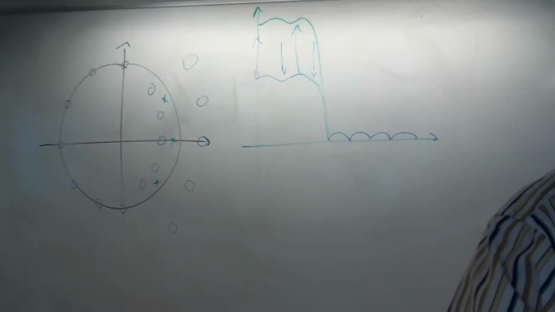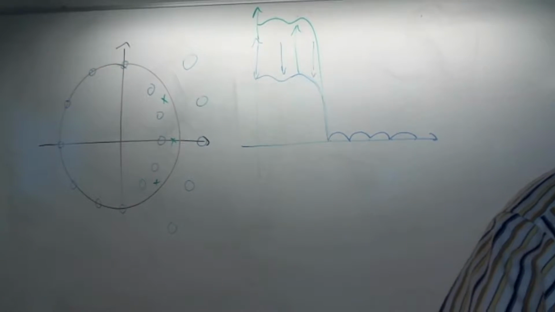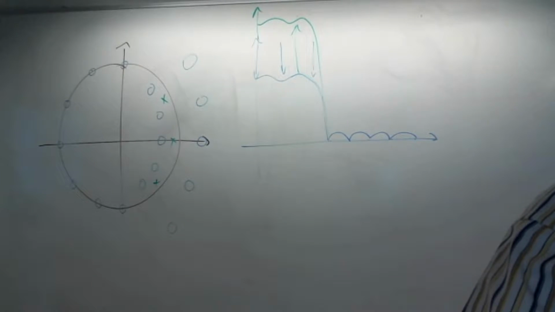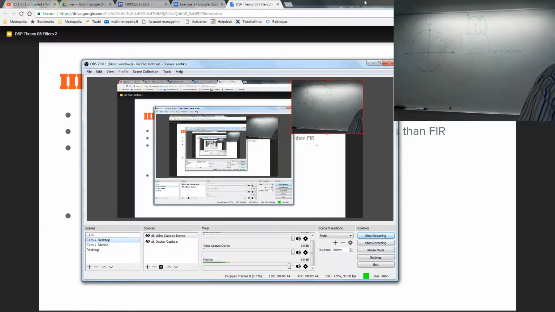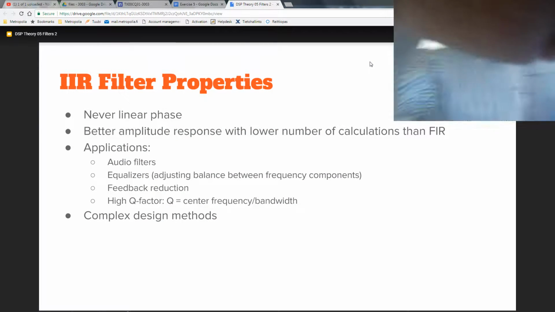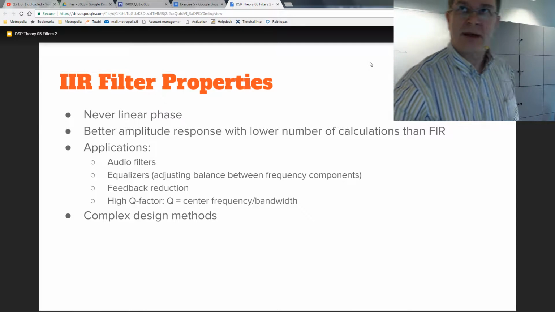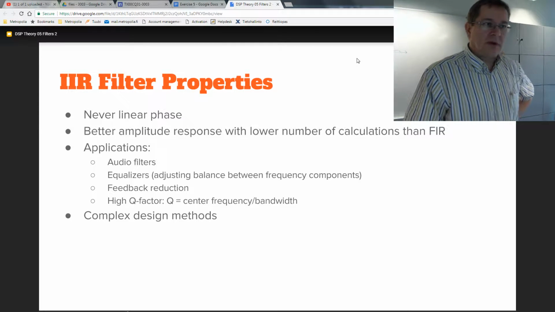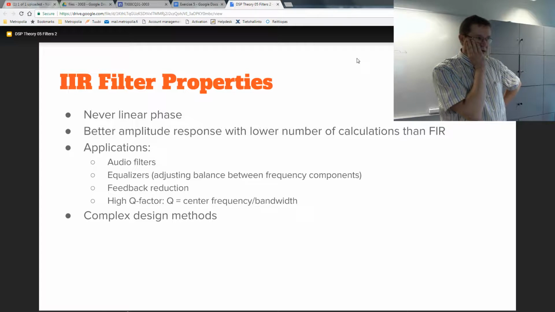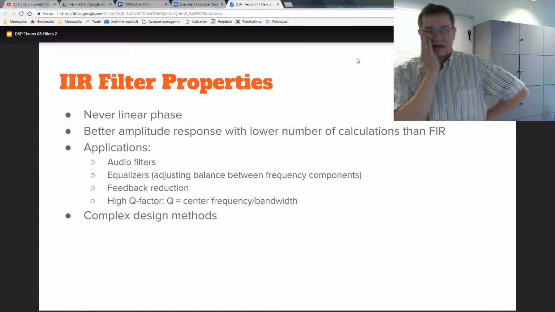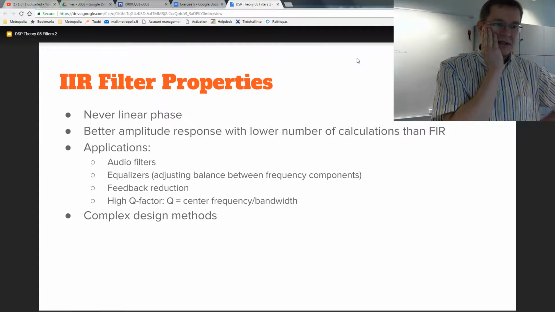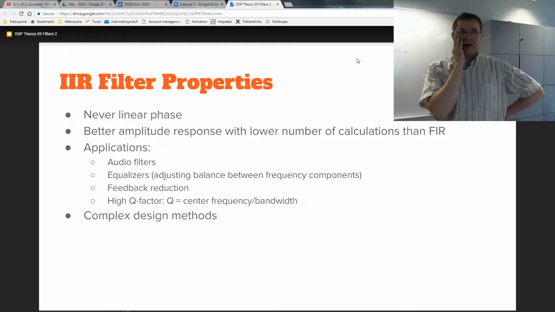All right, so back to this one. The only fallback of IIR filter design is that the design methods are quite complex.